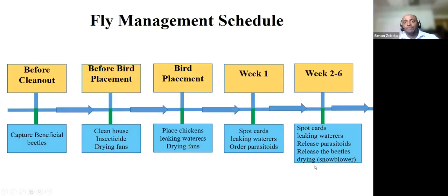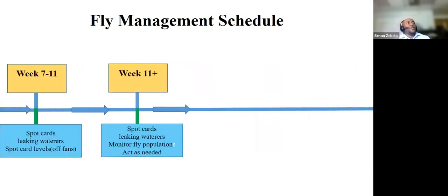Sometimes in week 2 to 6, you can assist drying with a snow blower just to dry the chicken house. In week 7 to 11, keep doing the spot card monitoring and check for leaking waterers.